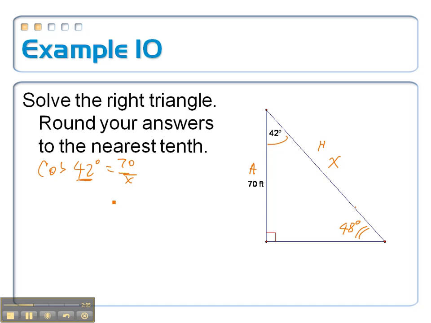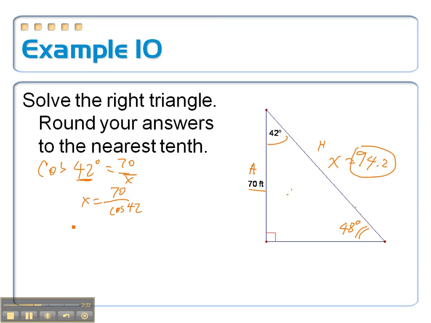If the variable's on the bottom, the shortcut is to switch it out with a cosine, so x equals 70 divided by the cosine of 42, which is about 94.2. Since this is the hypotenuse, I know that this side is supposed to be bigger than 70, so that number makes sense.